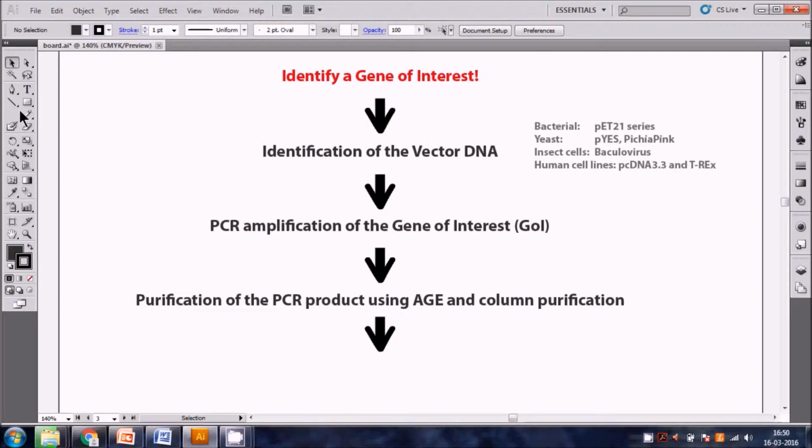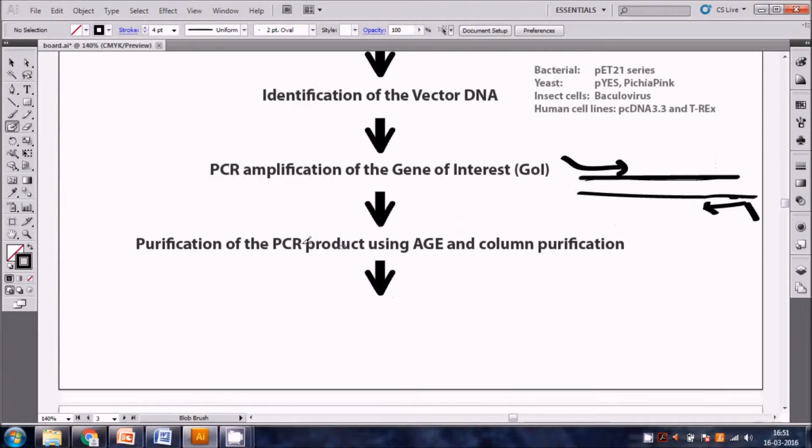So you remember that if this is your DNA, your forward primer will anneal in this way, and your reverse primer will anneal this way, and these are the flanking regions which have the restriction enzyme digestion sites.